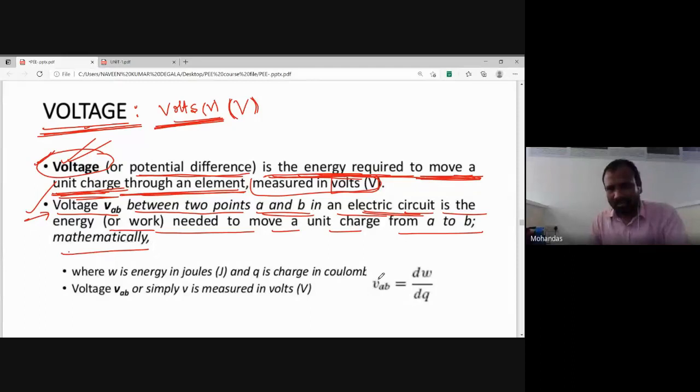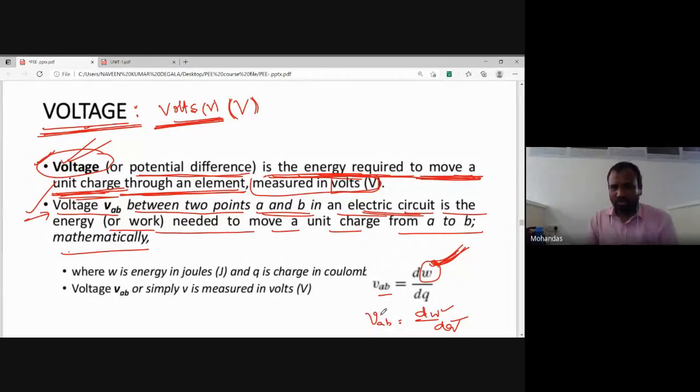It is denoted with the letter V, and between the points A and B, the work done is denoted as dW. Work done per unit charge is called voltage. So the mathematical expression is dW by dQ, the work done per charge to move from A to B in the presence of an electrostatic field.